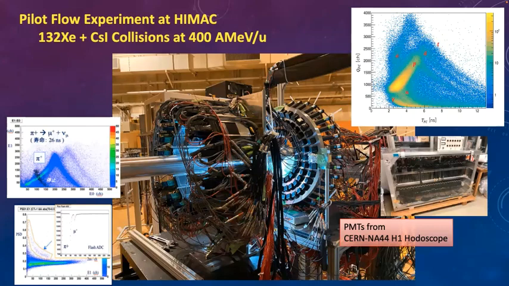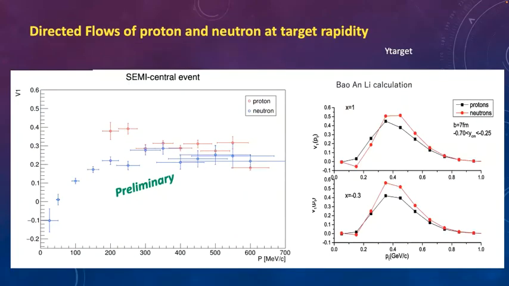So the Tsukuba group checked this reaction plane for proton and neutron in the near mid-rapidity region. Anyway, the coverage is not so much. How many events is the statistics? The trigger rate is 200 hertz. Very nice.